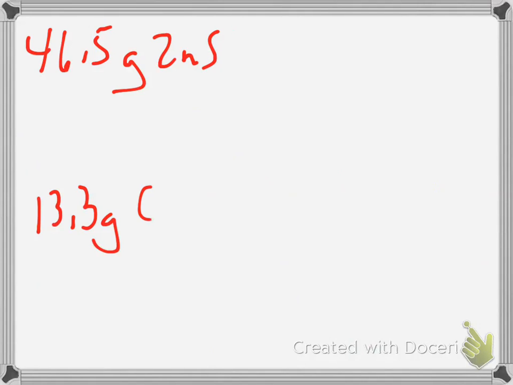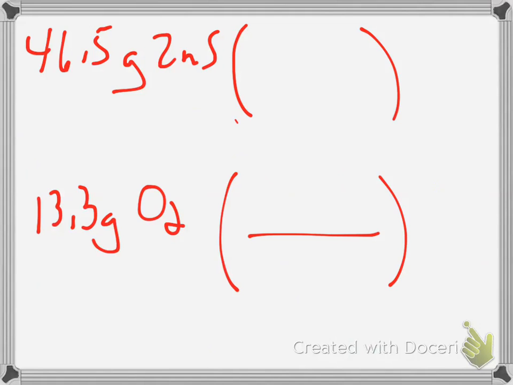So in the question it states that there's 46.5 grams of zinc sulfide and there's 13.3 grams of oxygen gas. Okay, so let's convert these to moles so we can put them into our chart. So zinc sulfide weighs 97.5 grams in 1 mole.